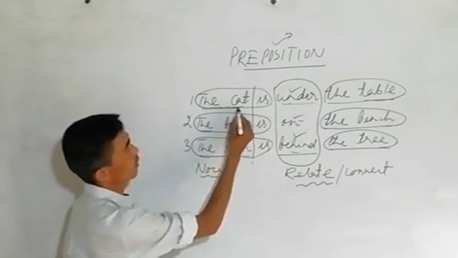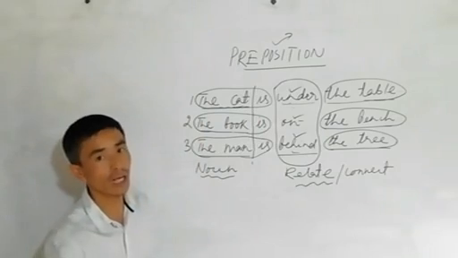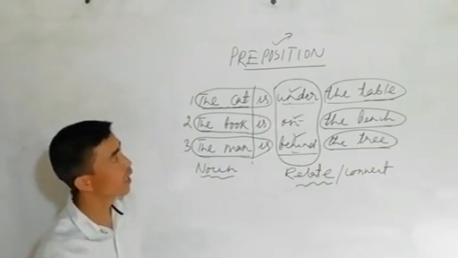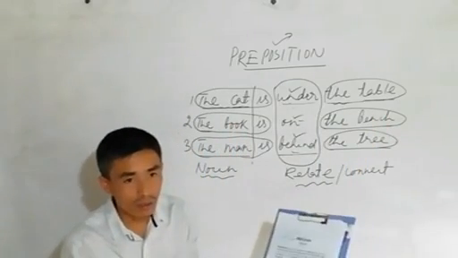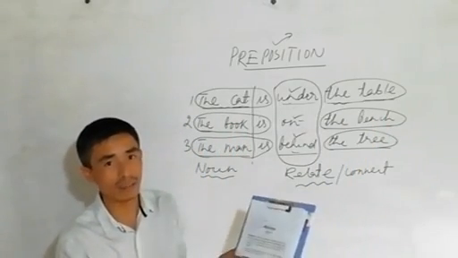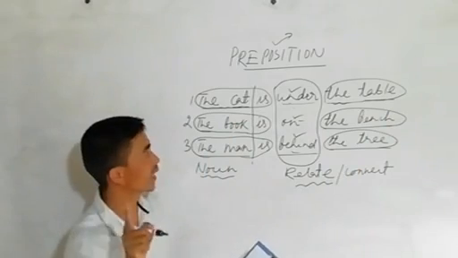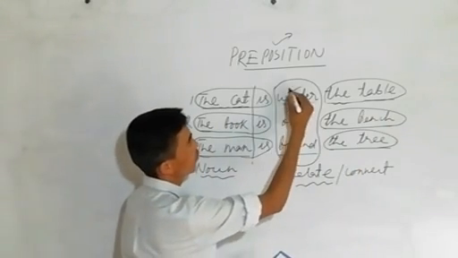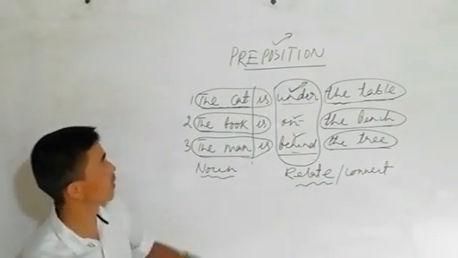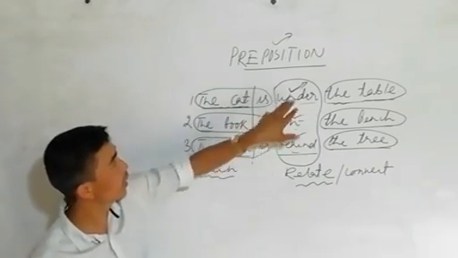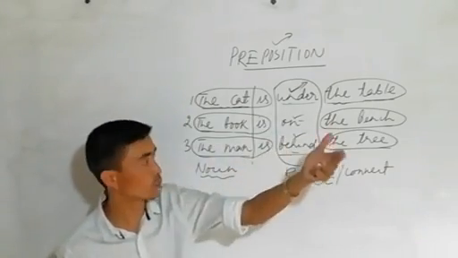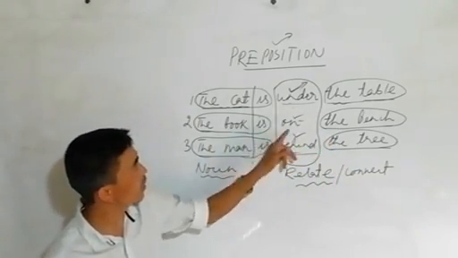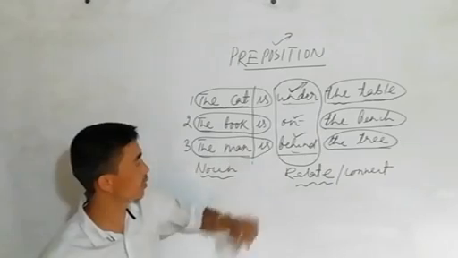This group of words is usually a noun or pronoun, and the other group is also usually a noun or a pronoun. These two are related with one word, and that word is what we call preposition. The cat is under the table, under showing the position. The book is on the bench, related by on.